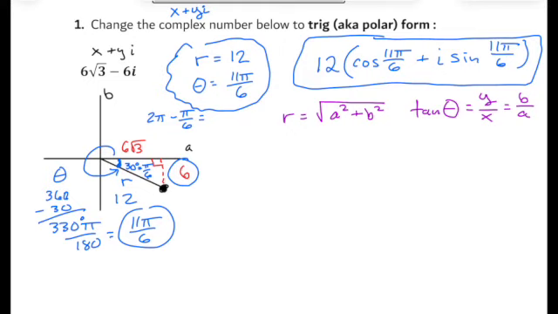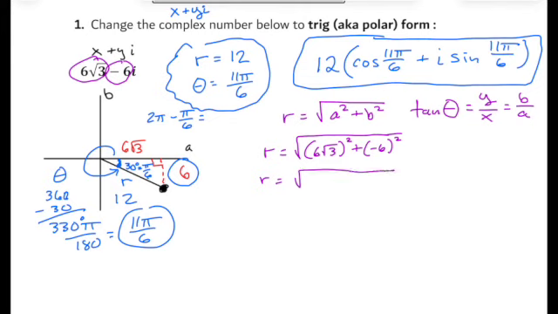If you didn't even want to think about the triangle that exists, you just want to go right into it, and you say, hey, it's 6 root 3 and negative 6. So r is going to be the square root of 6 root 3 squared plus negative 6 squared. And hopefully you're seeing, when you square a negative, you're just going to get a positive anyway, so you can kind of ignore the negative part.